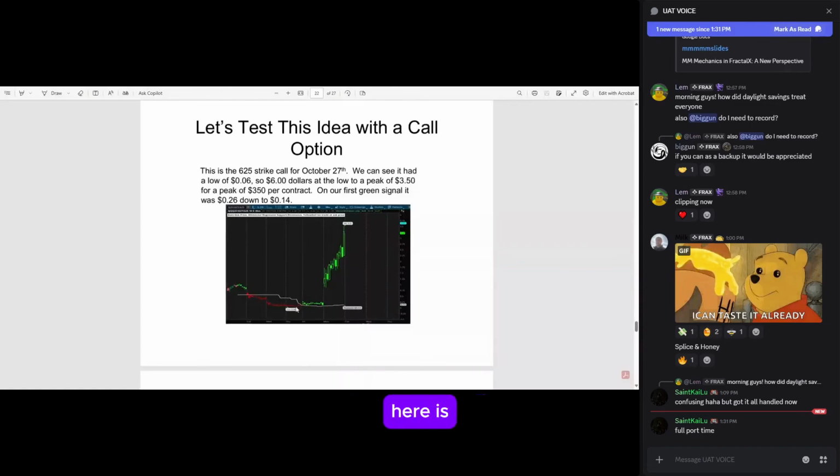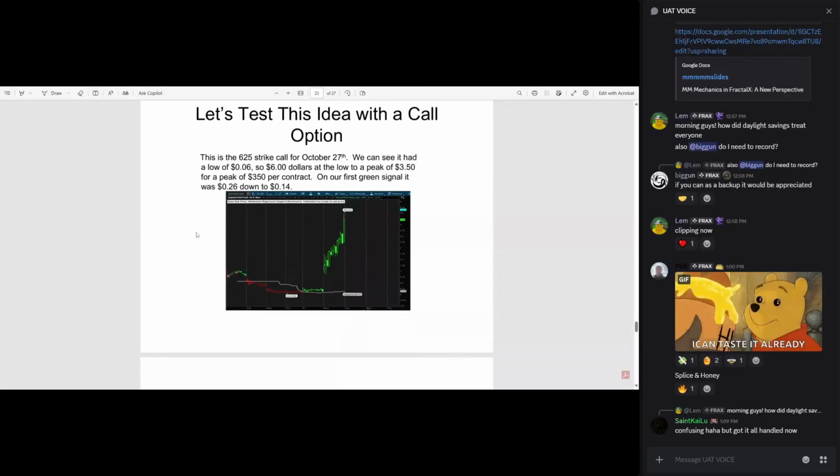The risk here is incredibly low. You're looking at a visit to McDonald's for 20 or 30 bucks to come out with $200, $300, or $350. Very low risk.